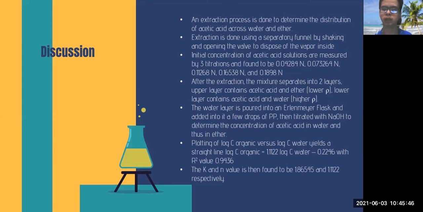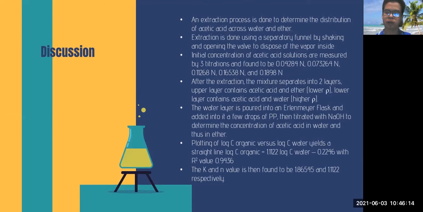The water layer is poured into an Erlenmeyer flask and added into it a few drops of phenolphthalein, and then titrated with sodium hydroxide to determine the concentration of acetic acid in water and thus in the ether. The concentration in water can be found by the titration equation, while the concentration in the ether can be found by subtracting the initial concentration and the concentration in water.